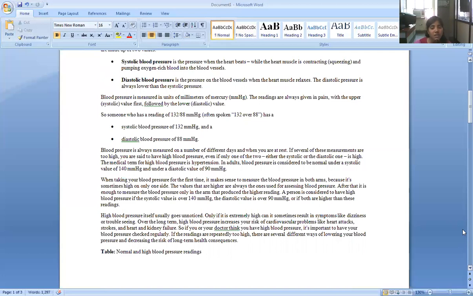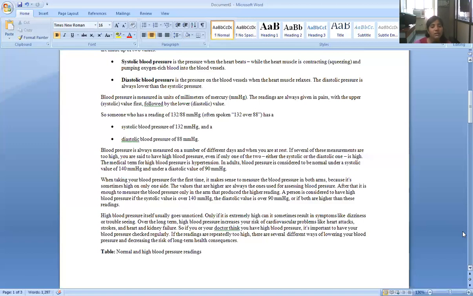A person is considered to have high blood pressure if the systolic value is over 140 mmHg, the diastolic value is over 90 mmHg, or if both are higher than these readings. High blood pressure itself usually goes unnoticed, unless it is extremely high. It can sometimes result in symptoms like dizziness or trouble seeing.